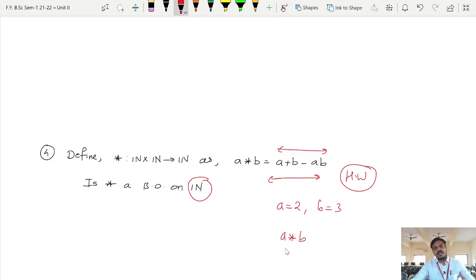If a star b is again a natural number for any choices of a and b, then we will say that star is a binary operation on N. But if you see here, if I take a as 2 and b as 3, what will be a star b? a plus b, that is 5, minus a multiplied by b, that is 6, which is minus 1, which is not a natural number. So therefore this is not a binary operation on the set of natural numbers. I hope you understood what is meant by binary operation.